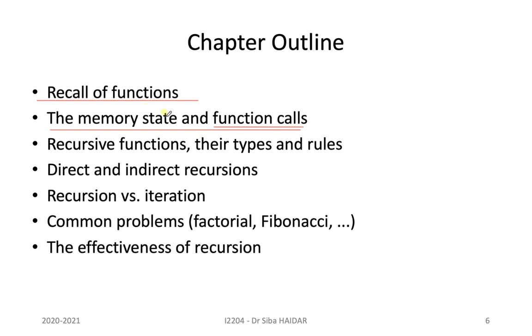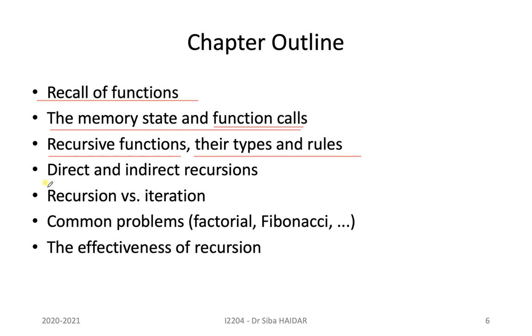When one function calls another one, what happens in reality? Then we will introduce recursive functions. I know that you were introduced to recursive functions at the end of last year's course, but we will see them together again, and we will study their types and their rules.